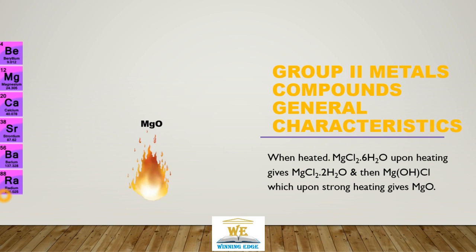So we are getting finally oxides. This is the case of magnesium. In case of strontium, calcium and barium, we are getting pure dichloride salts and water molecules go out. Here, magnesium salts break up first to MgOHCl, then into magnesium oxide.